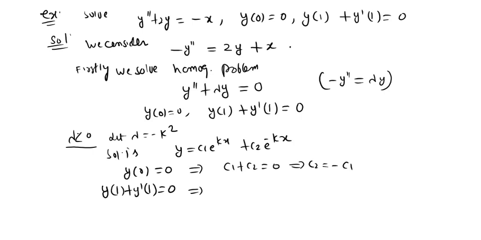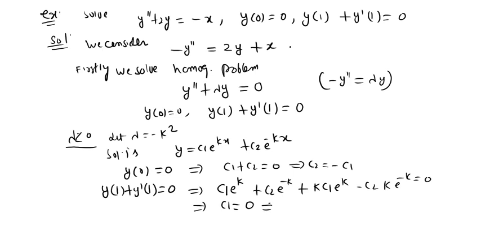So y at 1 will be c1 e power k plus c2 e power minus k, then y dash at 1 is k c1 e power k minus c2 k e power minus k, equal to 0. With c2 equal to minus c1, you can take c1 outside, so c1 is 0 and this will give you c2 is also 0. So only the trivial solution. So there are no negative eigenvalues of the given problem.